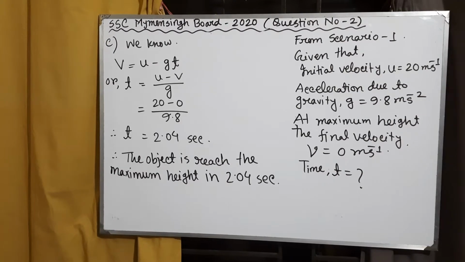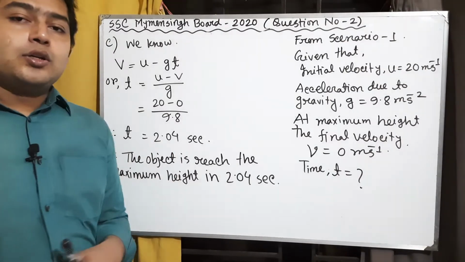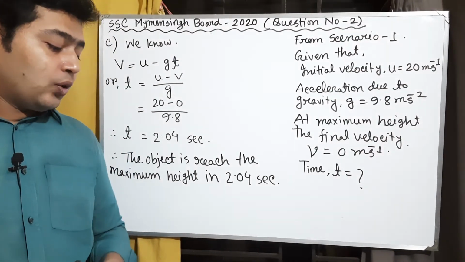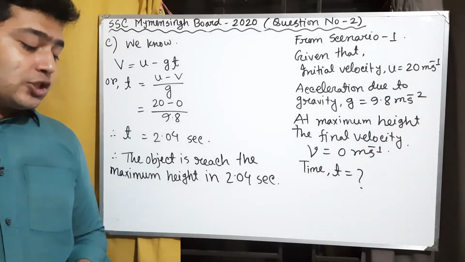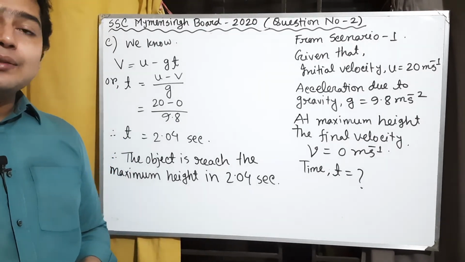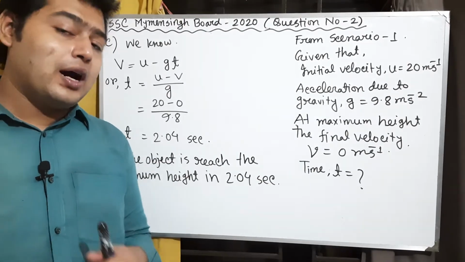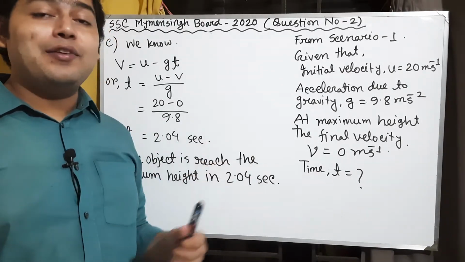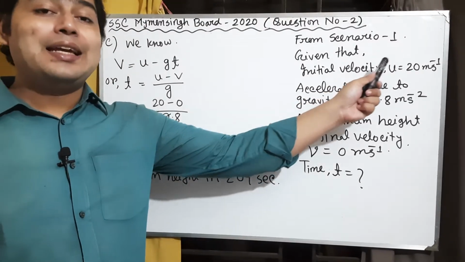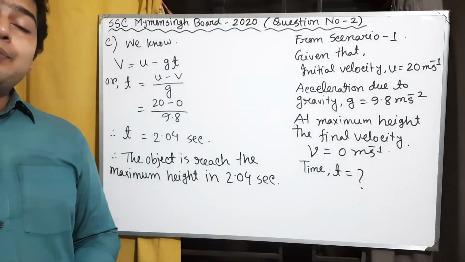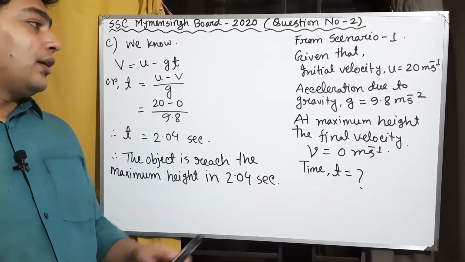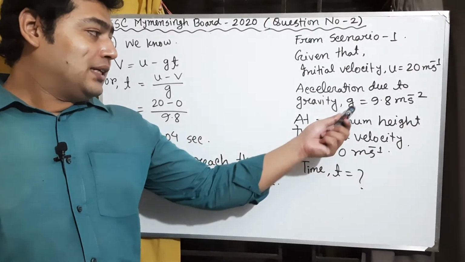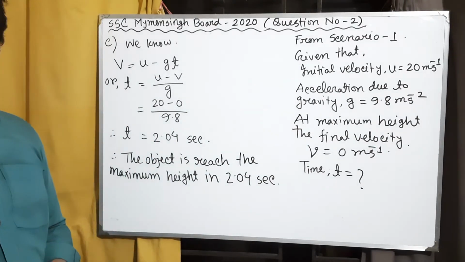Now we will try to solve question number C. Here the question is, how much time will the object take to reach the maximum height in scenario 1? From scenario 1, given that initial velocity u equals 20 meter per second, and acceleration due to gravity at that place is g equals 9.8 meter per second square.